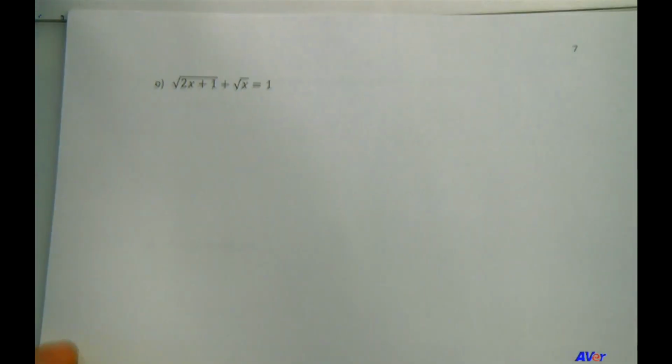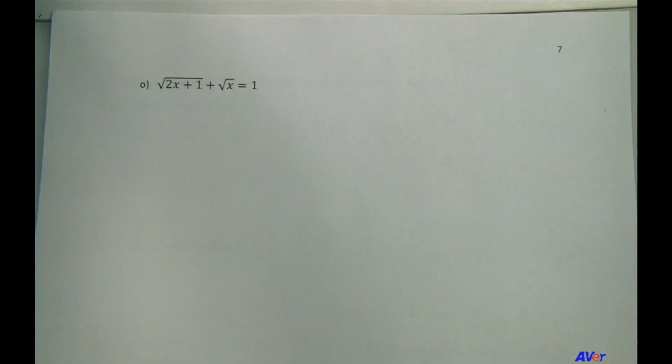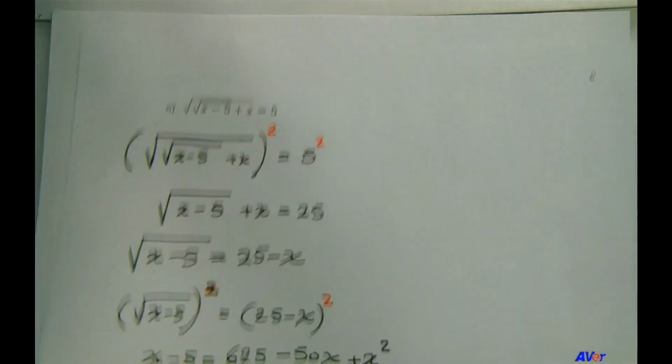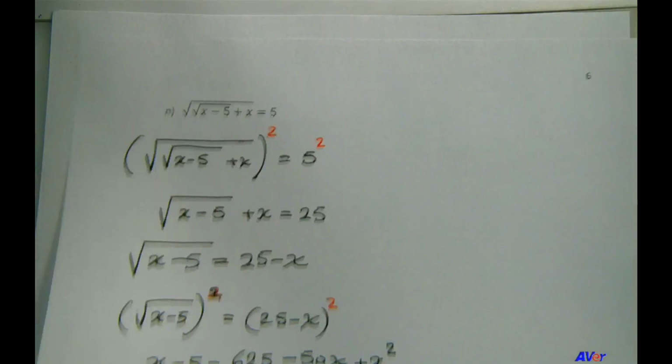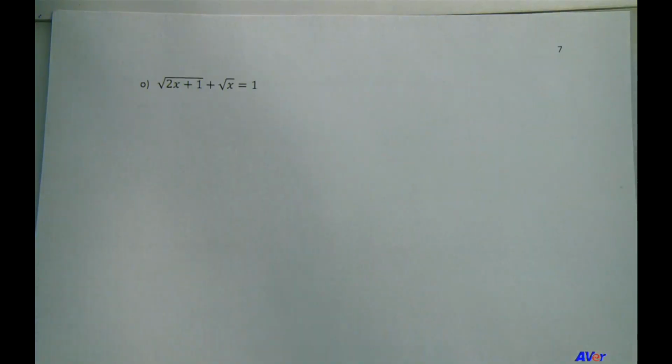So here we have two radical expressions, and they're separate. They're not like this one where we had one inside the other. But the idea is the same: you have to isolate the radical expressions from each other.